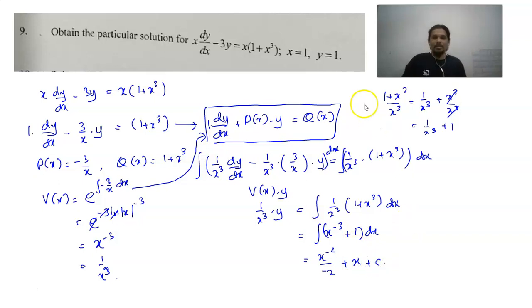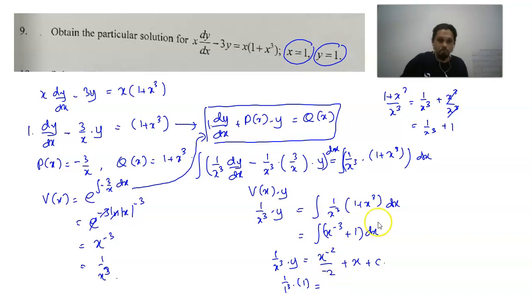Now substitute. Don't forget we have a value of x here: x equals 1, y equals 1. So substitute: 1 over 1 cubed times 1 equals negative 1 over 2 x squared plus x plus c.